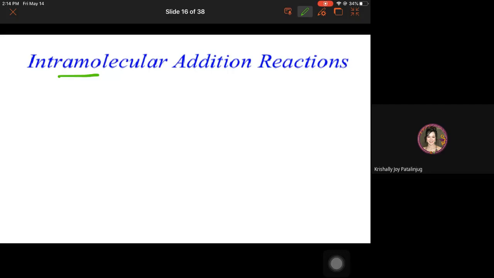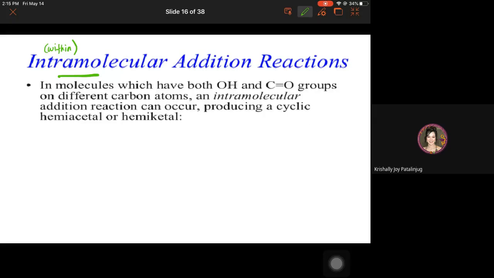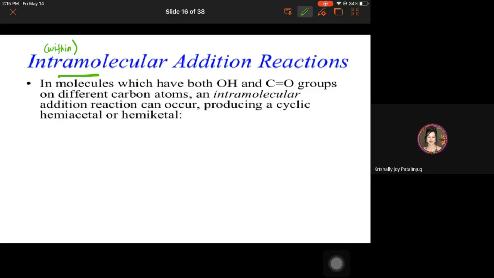Intra means within. The addition of alcohol happens within the molecule itself. There is no separate alcohol added. What happens here is the molecule already contains an alcohol group, meaning an OH group, and it also has an aldehyde or a ketone group.